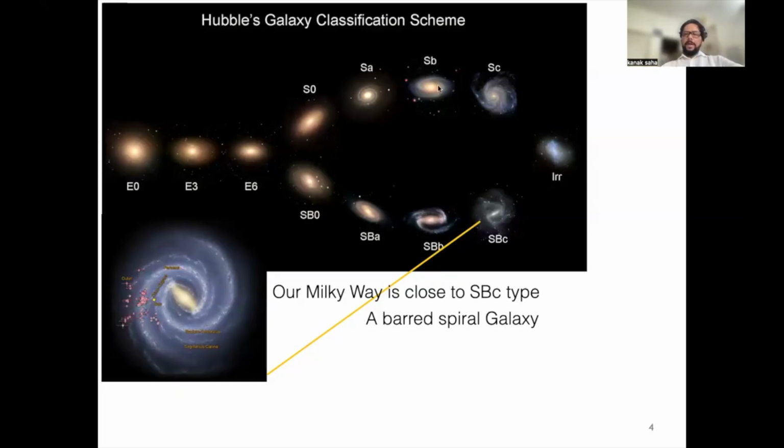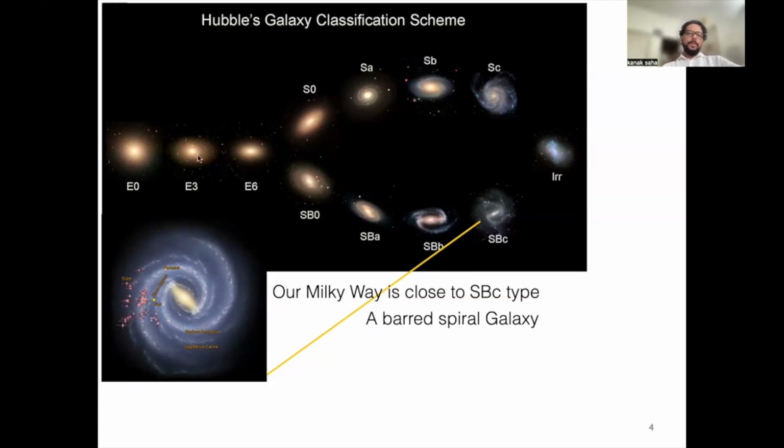Apart from the spiral galaxies, which occupy the Hubble tuning fork diagram, there are galaxies of the elliptical type, which is like E0 here. 0 means it's more like spherical, and 3, 4, 5, 6 make it very elongated as projected in the sky.